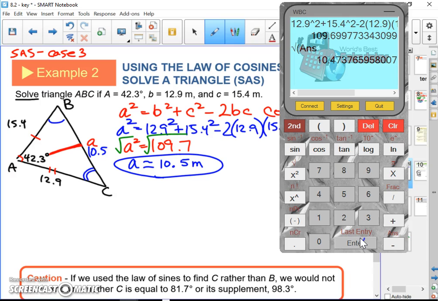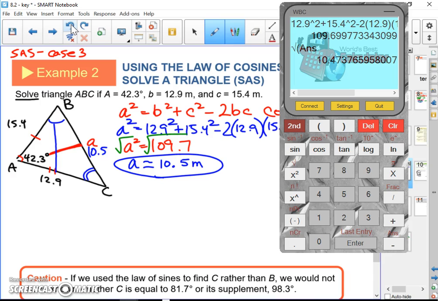Angle B. You can tell because angle B is across from 12.9, angle C is across from 15.4. You can tell that the largest angle is across from the largest side. So I want to find the smaller of those remaining angles. I'm finding angle B. And we're going to go back and use the law of sines in order to pick that up.